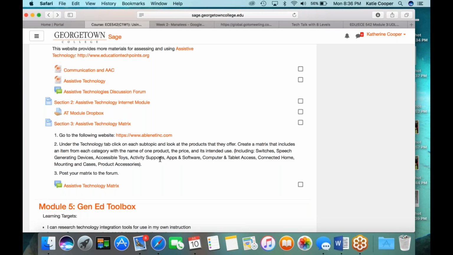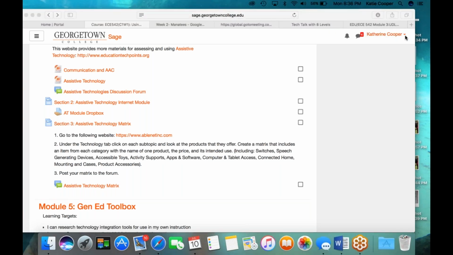Part of the reason I wanted to make this an assignment is because a lot of this is very expensive, and I want you to see what all is out there, because there's so much now in assistive technology. I do not mind if you just cut and paste in the description section. That's fine. I just want to make sure you go and look at it and see what's out there.